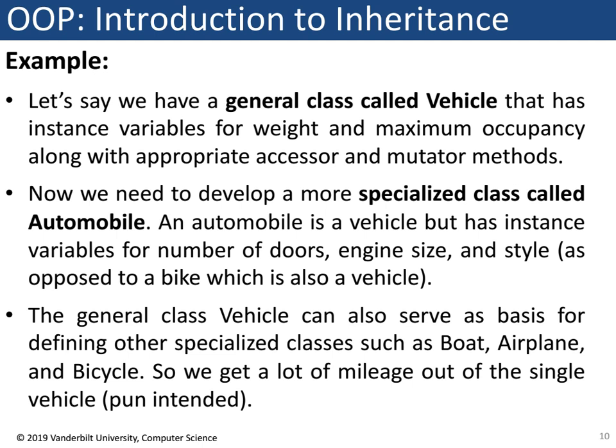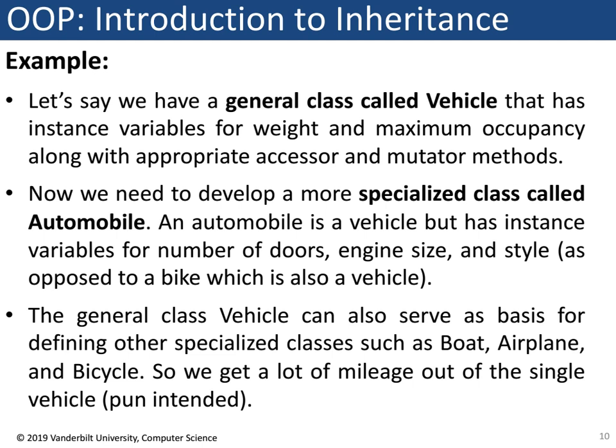But now we don't just want a vehicle class, we specifically want a specialized class called automobile. Now understand, an automobile is a vehicle, but it has more attributes. It also has, say, number of doors, engine size, and maybe the style. Is it a coupe? Is it a four-door?